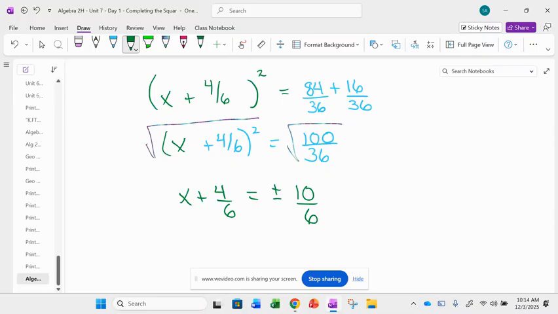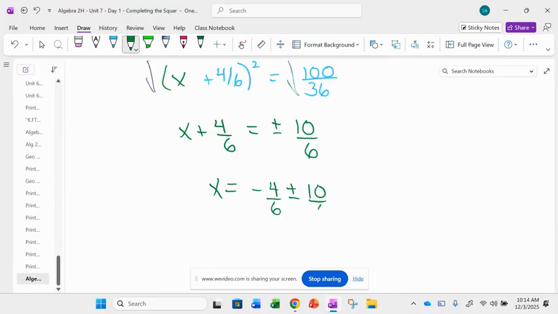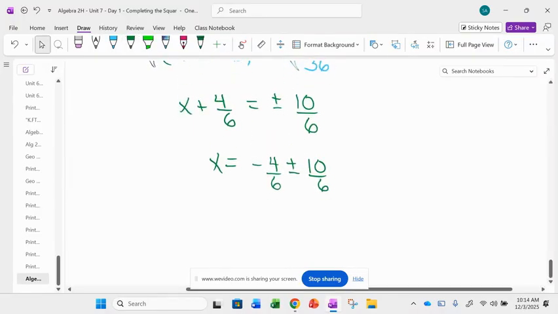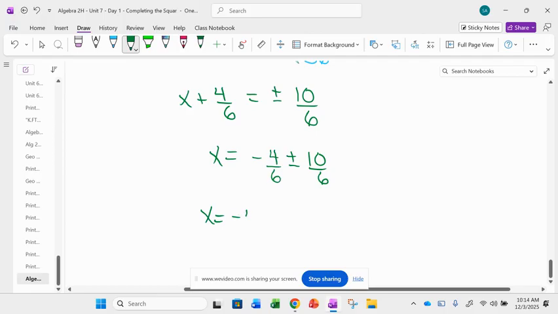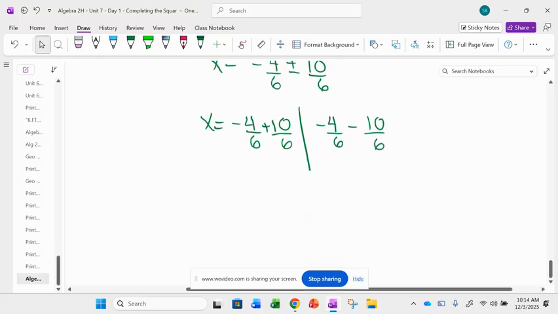Is everybody okay with how I got plus or minus 10 over 6? Now your last step is to subtract that 4 over 6. So x is equal to negative 4 over 6 plus or minus 10 over 6. And so now we have to get our two answers. So negative 4 over 6 plus 10 over 6, or negative 4 over 6 minus 10 over 6.